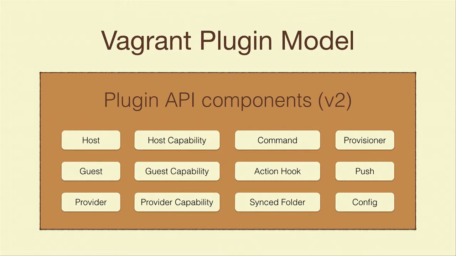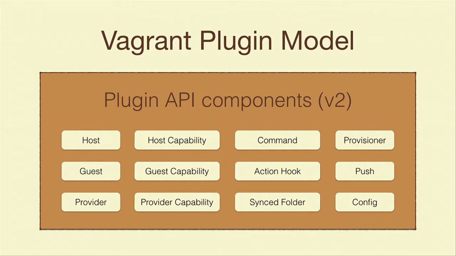For example, if you are interested in extending the basic Vagrant functionality and adding a new command, let's say, vagrant make-a-magic, you will have to implement the command component and name it make-a-magic. Or, for example, if you would like to add support for some new guest operating system, some new hipster Linux distribution, you will have to implement the sufficient guest component and guest capability component.